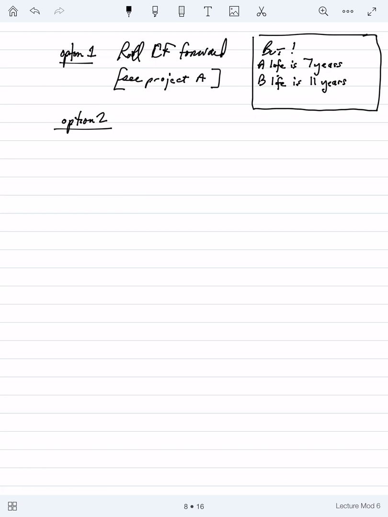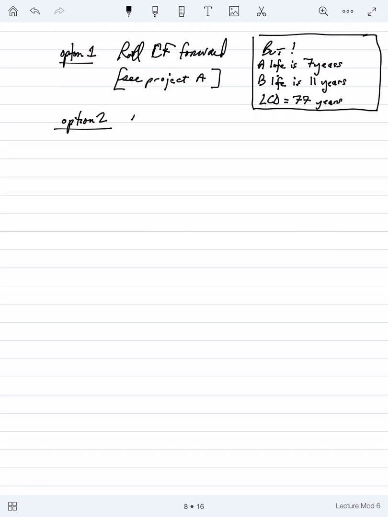The lowest common denominator here for their lives, unfortunately, is 77 years. That's pretty tough to work with. You've got a lot of calculations to perform. So that's why option 2 makes a little more sense.